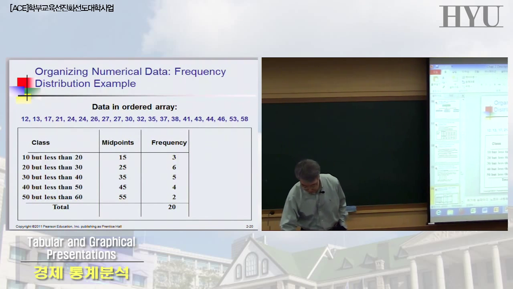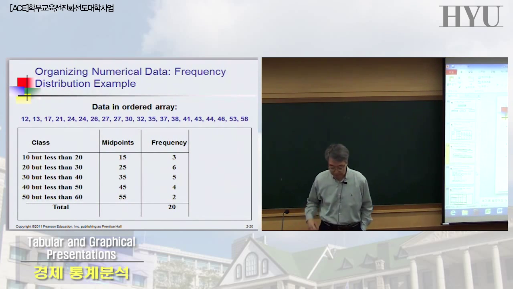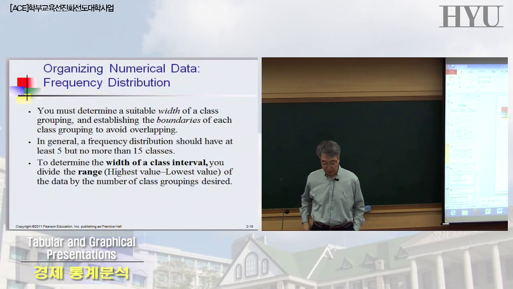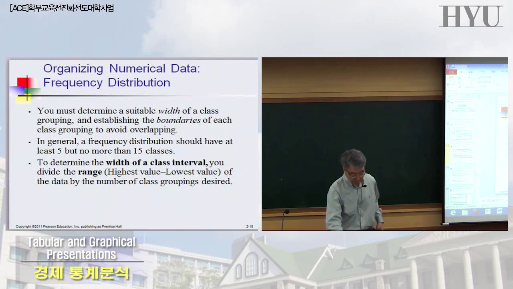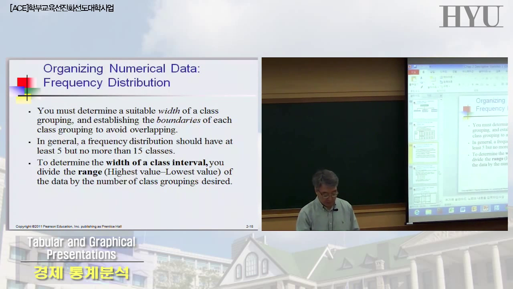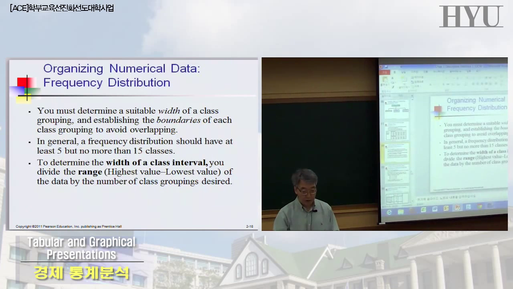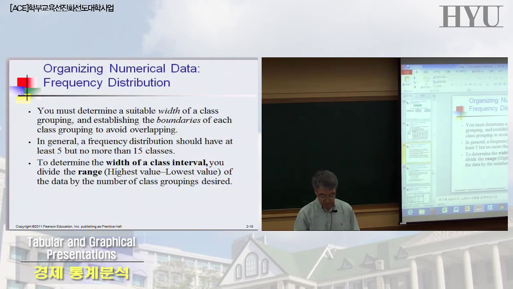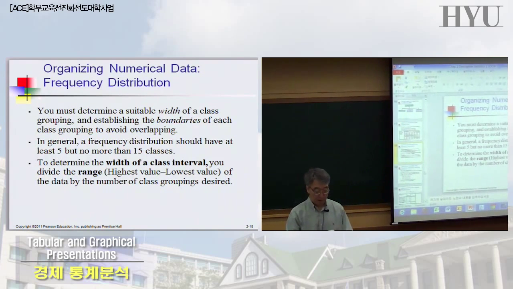So the steps to do that: first of all, you have to determine a suitable width of a class. And ideally, each class should have equal width. That way, we can easily grasp the idea about the distribution.